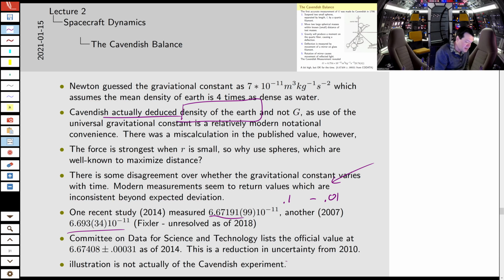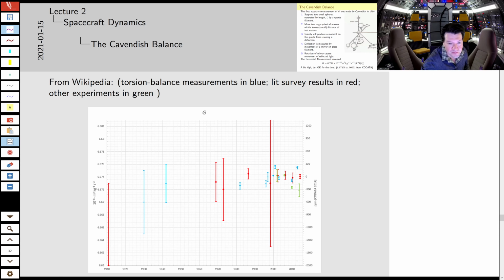And finally, that illustration. The Cavendish experiment is very similar, but that is actually the Cavendish experiment. And here, finally, I'll just show you that we still can't measure the gravitational constant of the universe very well. This is from Wikipedia. Here's 1910. The red lines are estimates based on literature surveys with, you can see, relatively large error bounds.